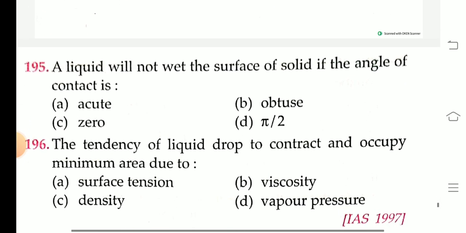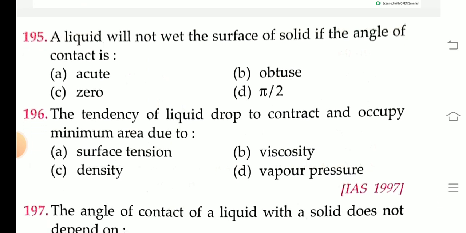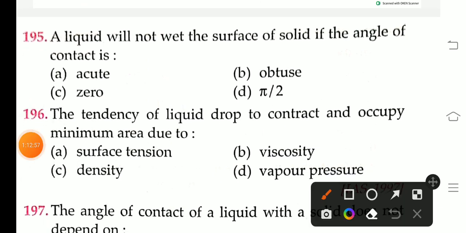Next, a liquid will not wet the surface of a solid if the angle of contact is obtuse. The tendency of a liquid drop to contract and occupy minimum area is due to surface tension.